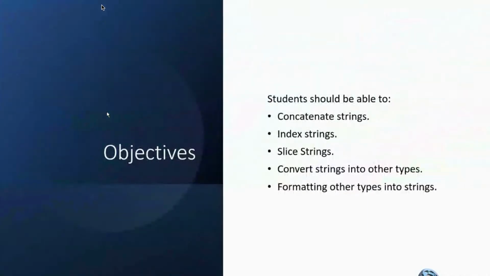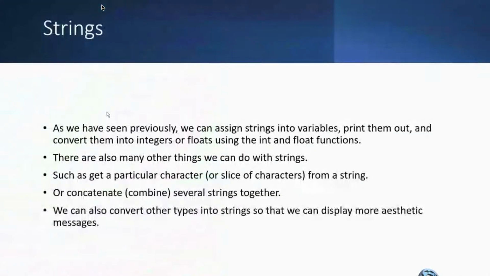So the objectives for the rest of these slides are students should be able to concatenate strings, add them together, index strings, slice strings, convert strings into other types, and format other types into strings. As we have seen previously, we can assign strings into variables, print them out, and convert them into integers or floats using the int and float functions.